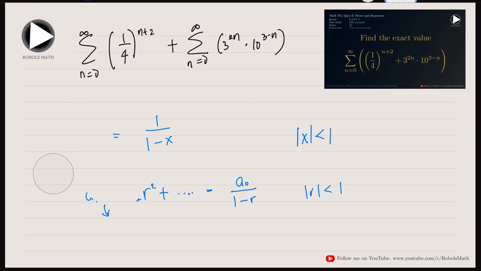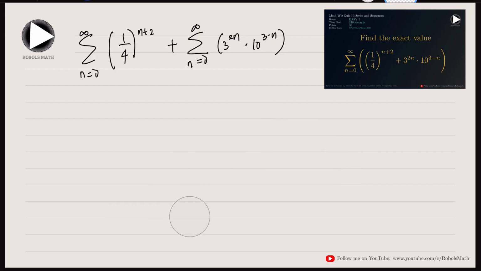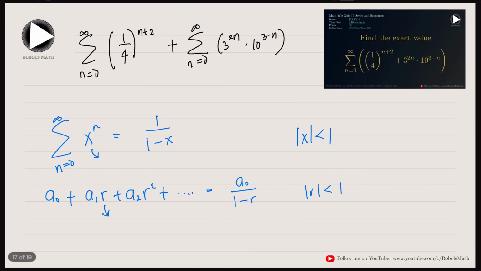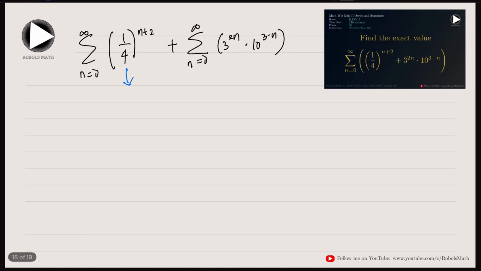Now, if you look at the first expression, the summand is 1/4 raised to n plus 2. So in this one, the common ratio is always the base of the exponent, as I've mentioned here. In this case, that would be x. So for the first expression, that would be 1/4. So the r here is equal to 1/4. The first term here can be obtained by letting n be 0.